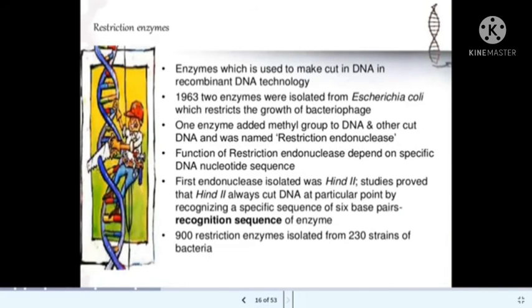In 1963, two enzymes were isolated from E. coli, which restrict the growth of bacteriophage. One enzyme is restriction endonuclease, and another enzyme added a methyl group to the DNA. Thus, we have exonucleases and endonucleases.